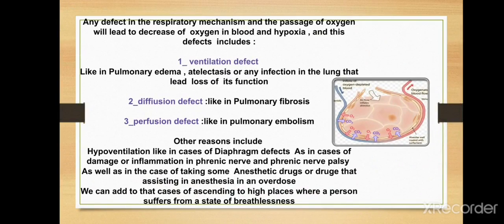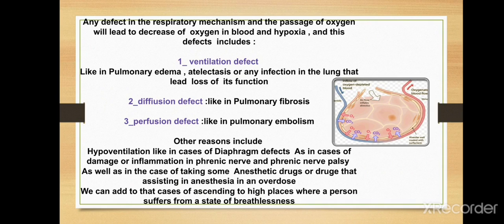Any defect in the respiratory mechanism and the passage of oxygen will lead to a decrease of oxygen in the blood and hypoxia, and these defects include: number 1, ventilation defect, like in pulmonary edema, atelectasis, or any infection in the lung that leads to loss of its function; number 2, diffusion defect, like in pulmonary fibrosis; number 3, perfusion defect, like in pulmonary embolism.